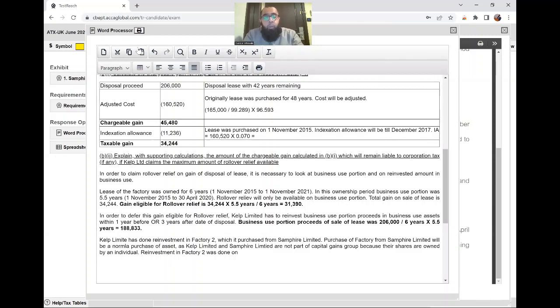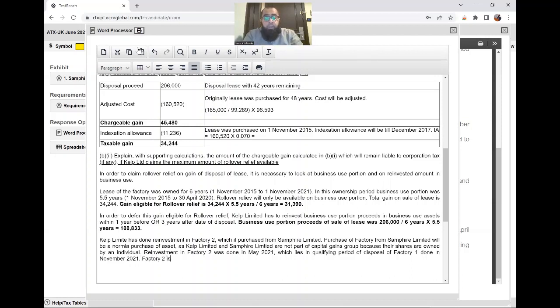Reinvestment in Factory 2 was done in May 2021, which lies in the qualifying period of disposal of Factory 1 done in November 2021, because we can go back up to 12 months.